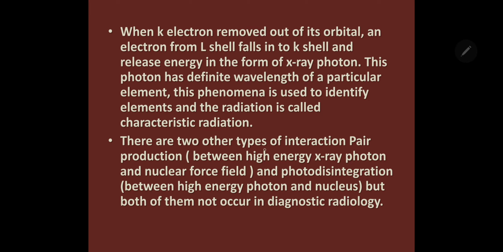There are two other types of interaction: pair production between high energy X-ray and the nuclear force field, and photodisintegration between high energy photon and the nucleus, but both of them do not occur in diagnostic radiography.